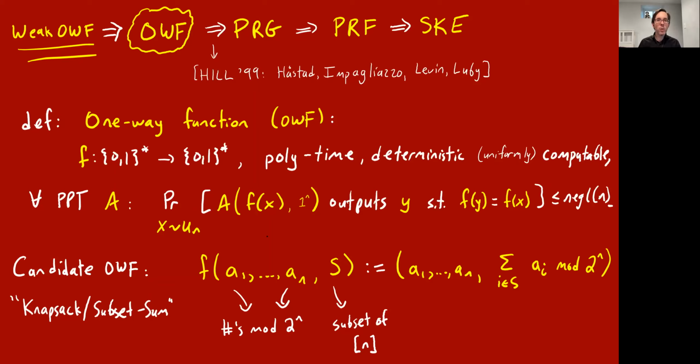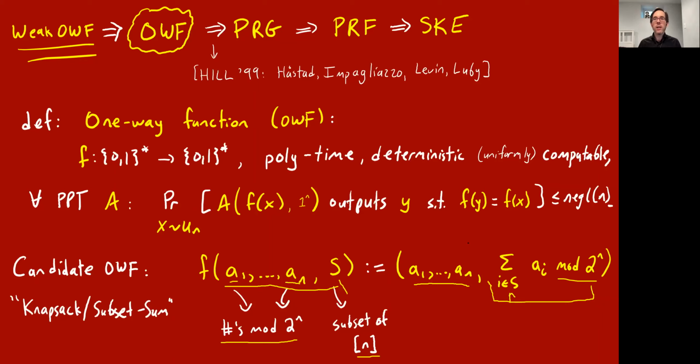The inputs are n strings of length n, and you think of these strings as numbers mod 2 to the n, plus S, a subset of the numbers 1 through n. So overall, you have n squared plus n bits in the input. And F's output, you just output the same strings, together with the sum of some of the strings, namely the ones in the set S, and you do it mod 2 to the n.